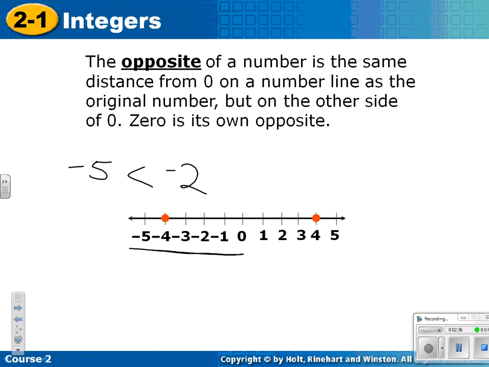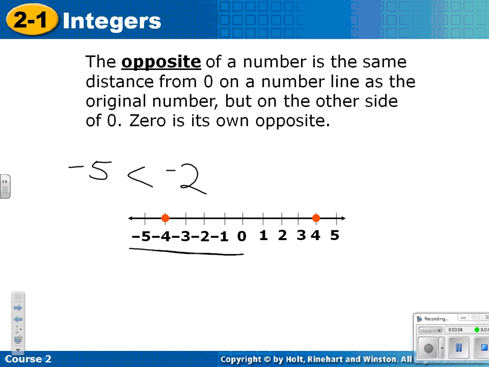This is the complicated part for 6th graders. The idea that with negative 5 and negative 2, your alligator is eating the negative 2 and not the negative 5. Well, it's doing that because on the number line, the negative 2 is to the right. And that's where a lot of times 6th graders get confused by negative numbers.